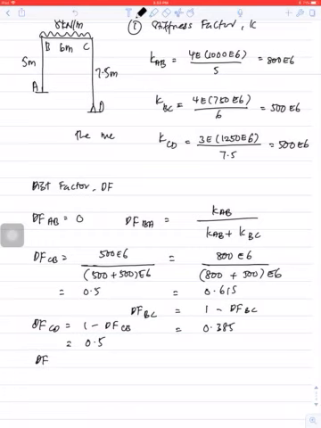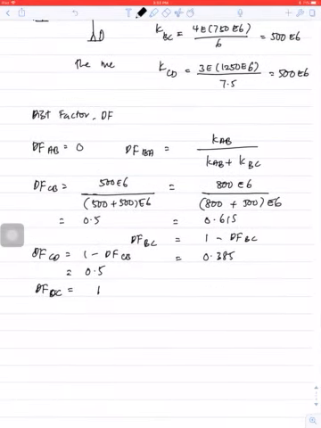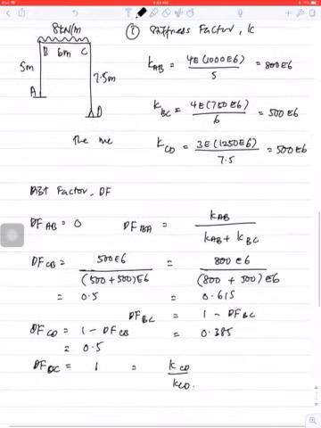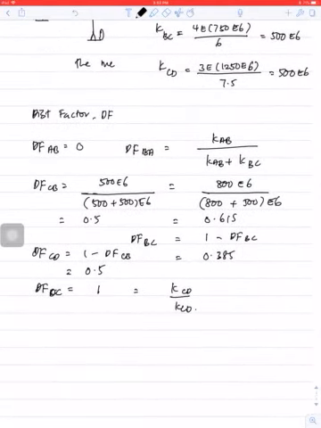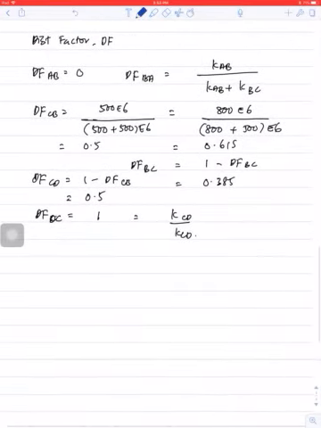And the distribution factor for DC is equal to 1, since this is KCD divided by KCD. Okay, this is stage number 1. And then we go to stage number 2.